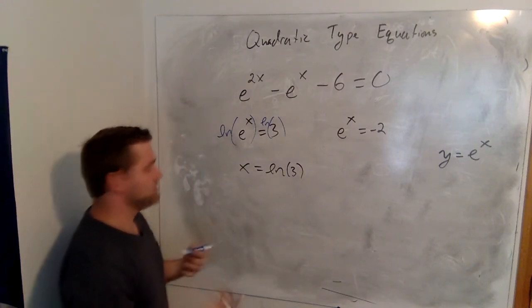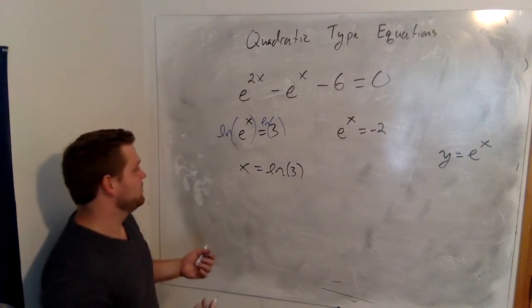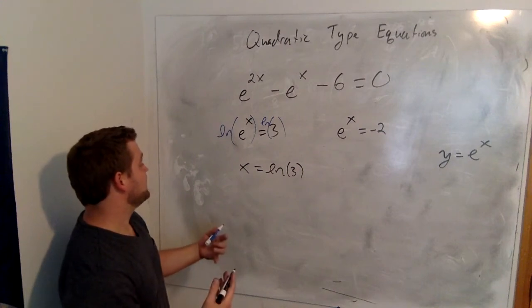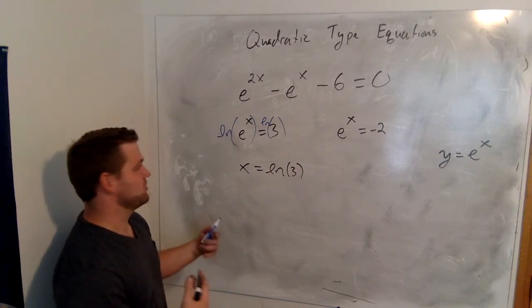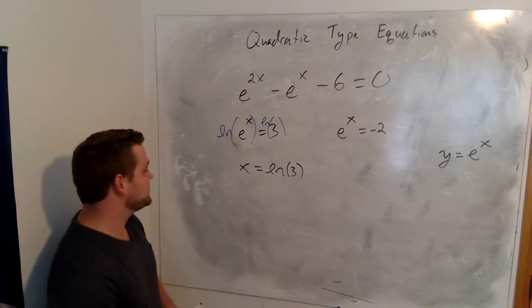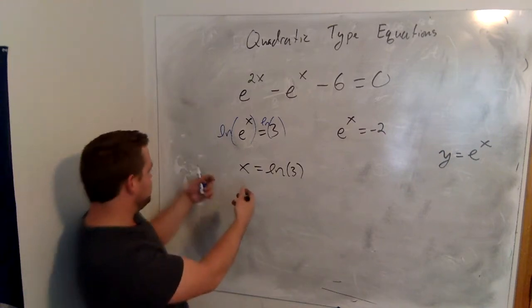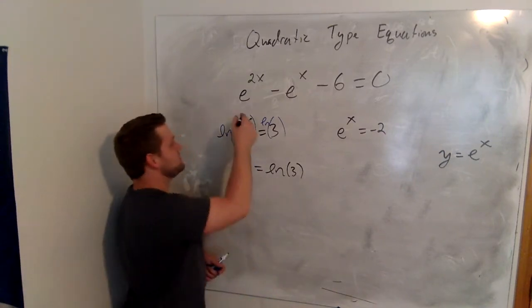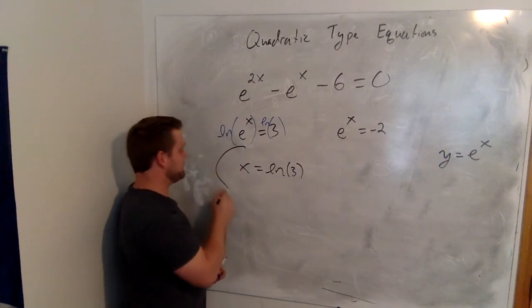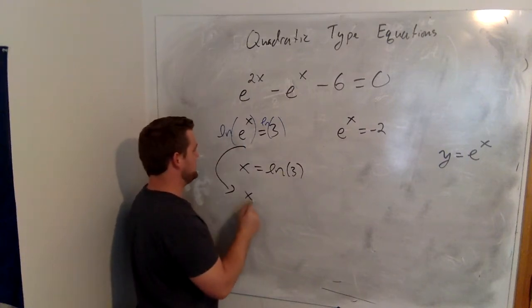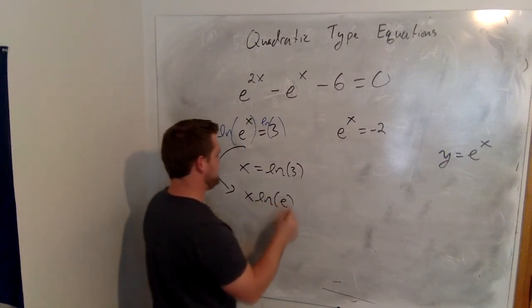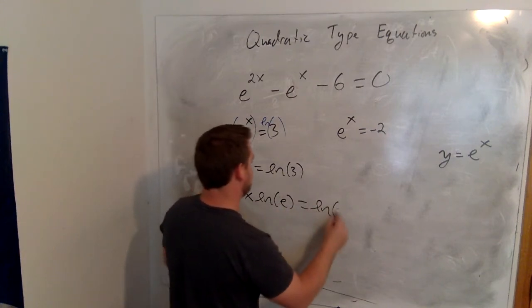Really, switching to exponential form is just switching forms, log form and exponential form, it's just a shortcut for applying the inverse function to both sides. If you didn't like me doing this here really quick, this x could come out front. You could think of it as log rule 3. This says that x times the natural log of e is equal to the natural log of 3.